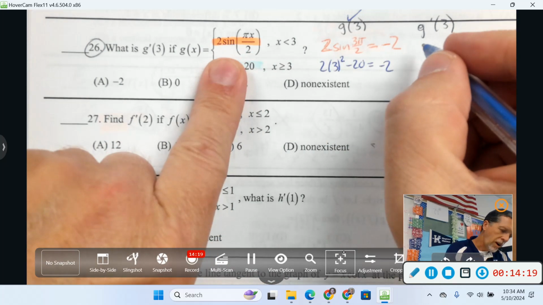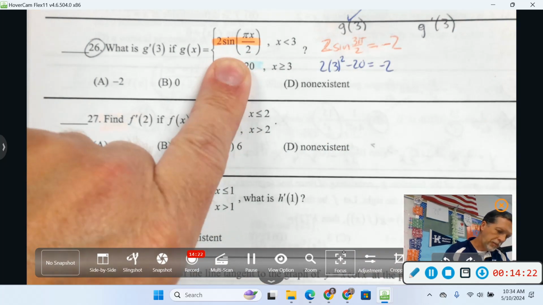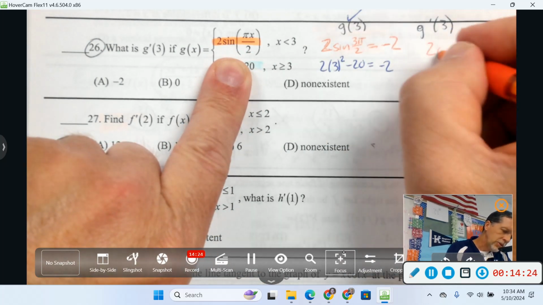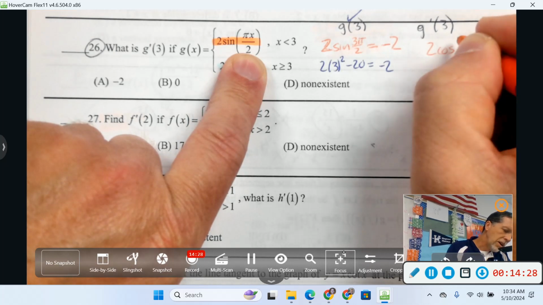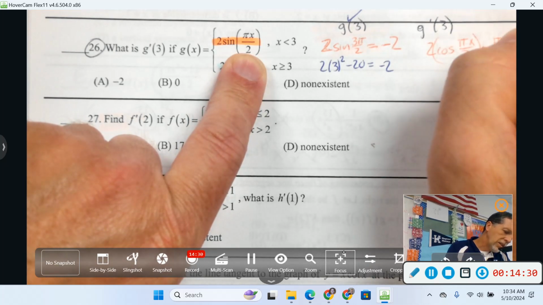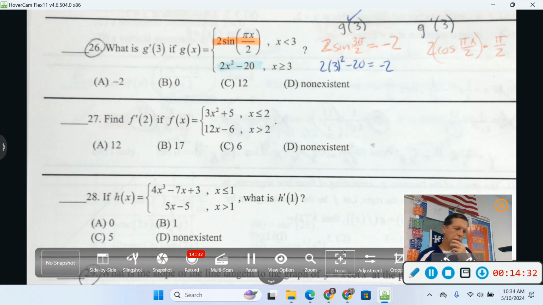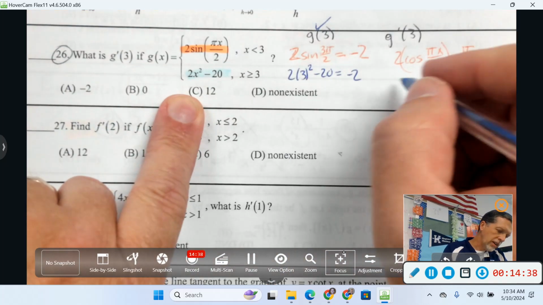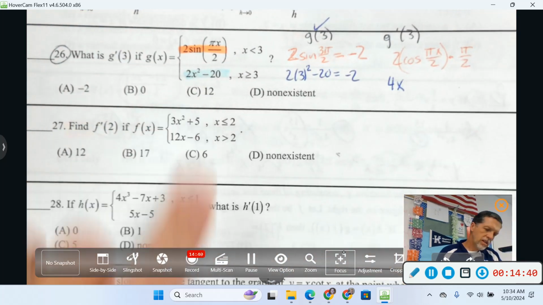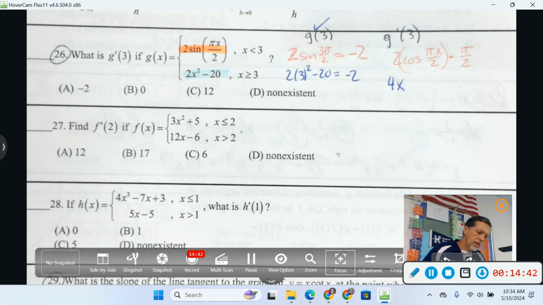So G prime, derivative of sine is cosine, 2 cosine of pi x over 2, but don't forget the chain rule, times pi over 2. And the derivative of this guy would just be 4x. Okay, if I plug in 3, there's no way I'm getting the same thing, right?